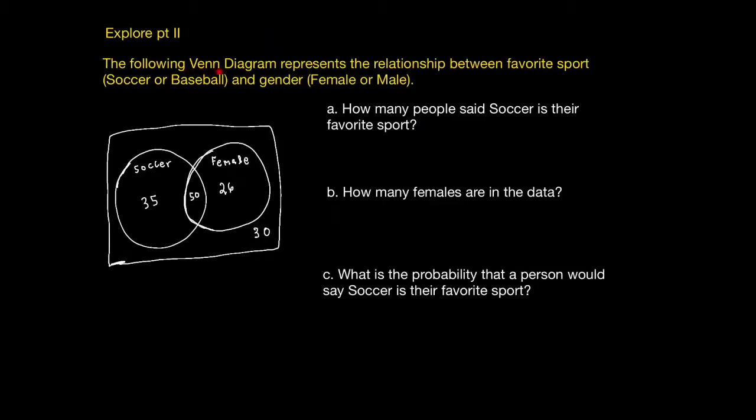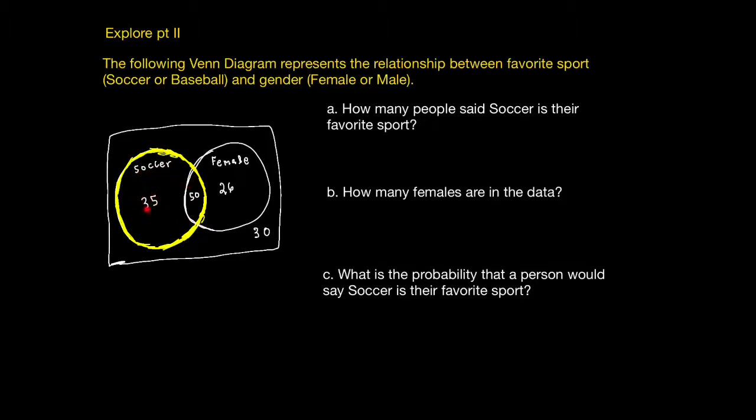So here, the following Venn diagram represents the relationship between favorite sport, soccer or baseball, and gender, female or male. For part A, it says how many people said soccer is their favorite sport. Here, I'm going to zoom in on soccer, creating a ring representing all of the people that chose this item.